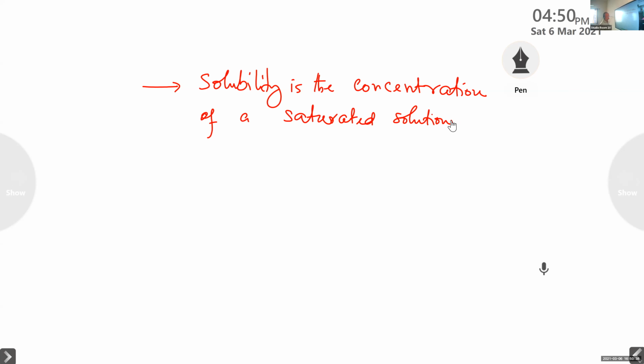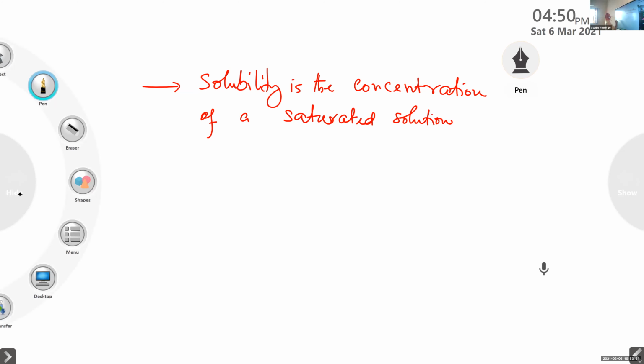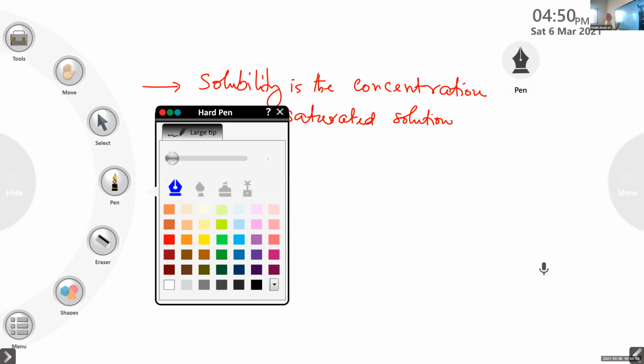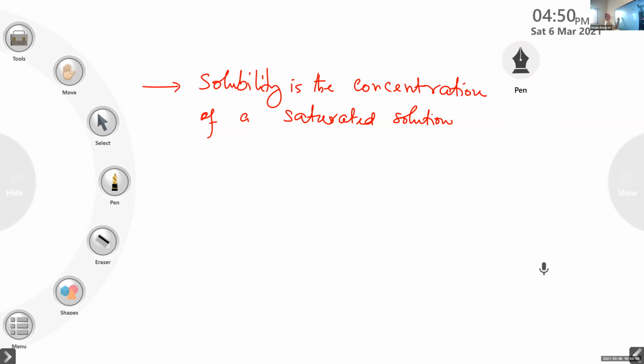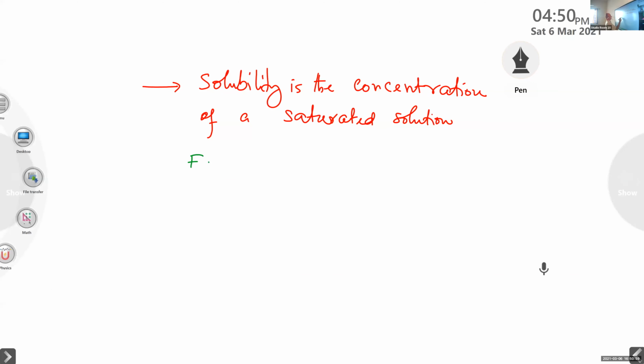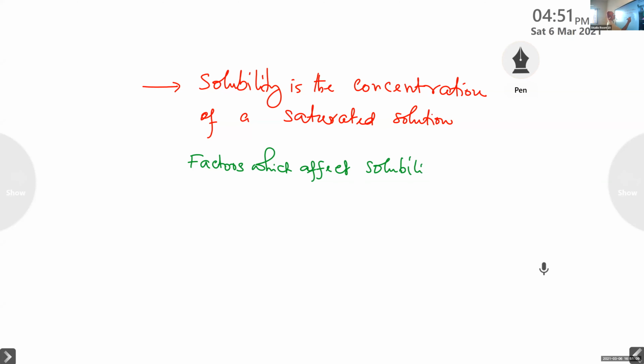Now let us see what the different factors are which affect the solubility of a solute in a solvent. The next term is factors affecting the solubility of a solute. Which are the factors upon which solubility depends?